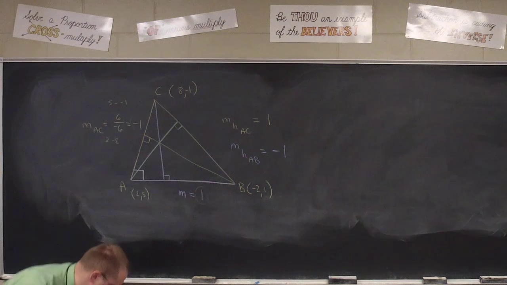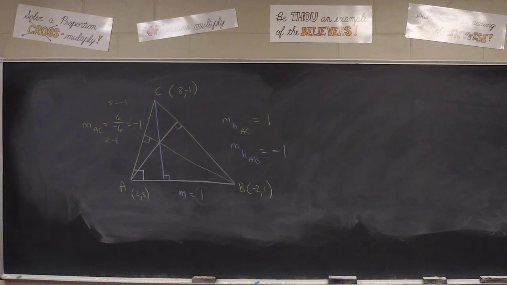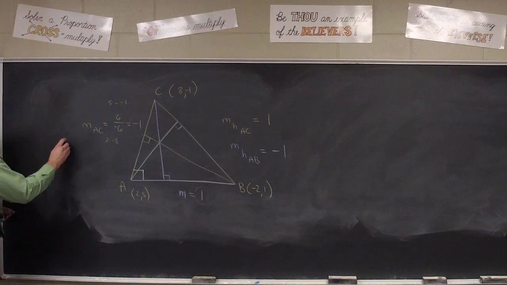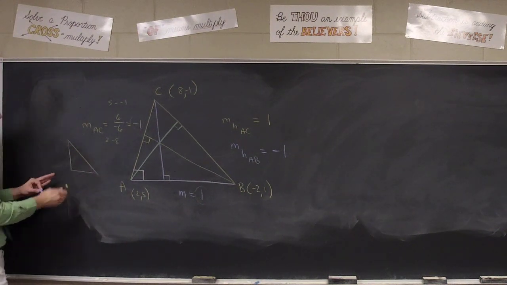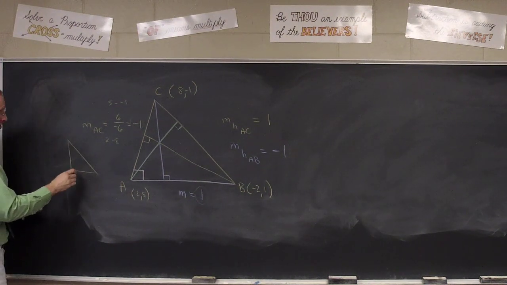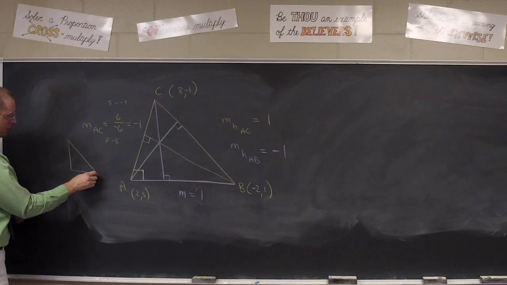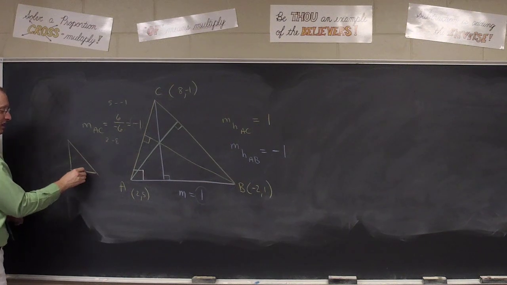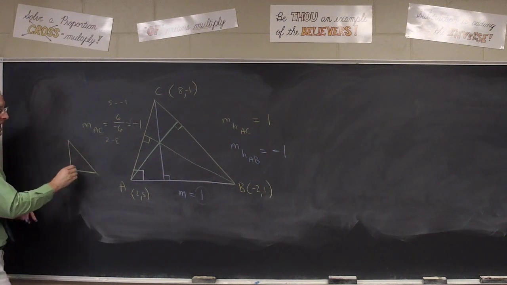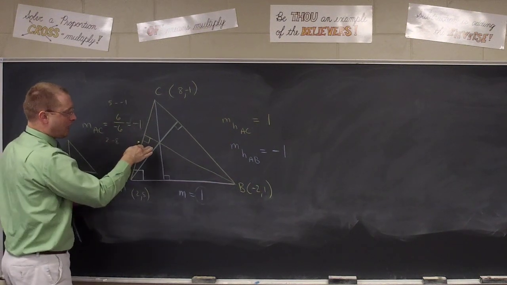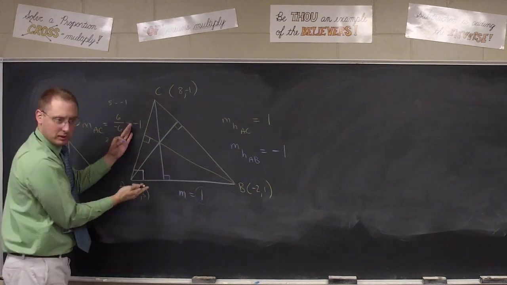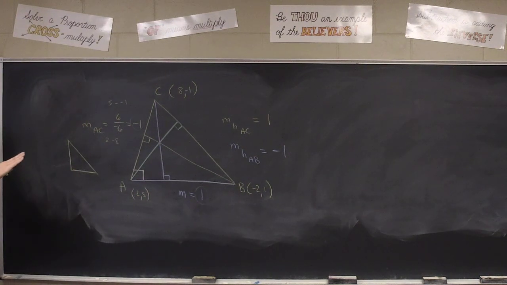Again, we could use the distance formula, use Pythagorean theorem to check, but apparently that's what we've got going on here. Which means if you drew a right triangle, perpendicular sides, then the altitudes, the purple and yellow lines, actually are the sides of the triangle. So not clearly drawn to scale here.